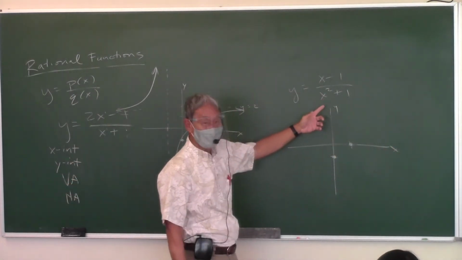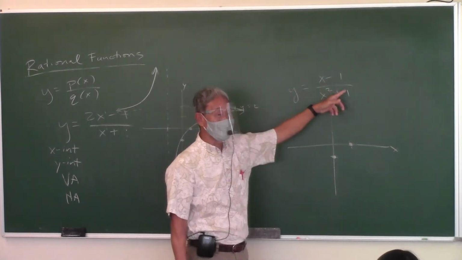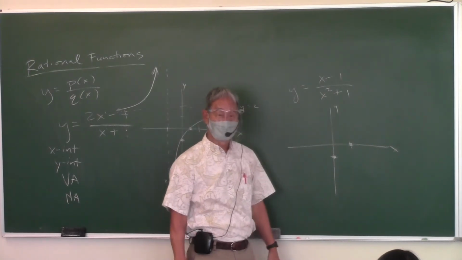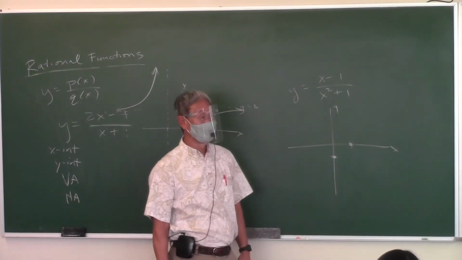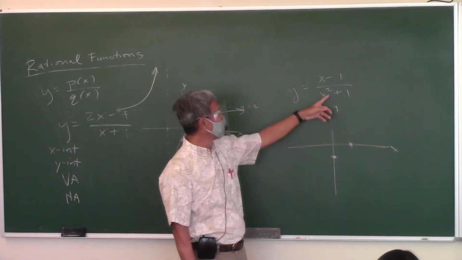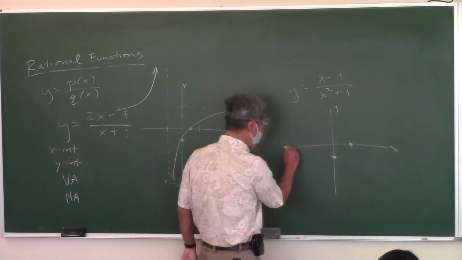What happens when you plug in a really large number like 1,000,000? The top is 1,000,000 minus 1, but the bottom is 1,000,000 squared plus 1. What is that close to? 0, that's right. Or it's easier to just remember, if the degree of the bottom is bigger than the top, then it's y equals 0, which is the x-axis.